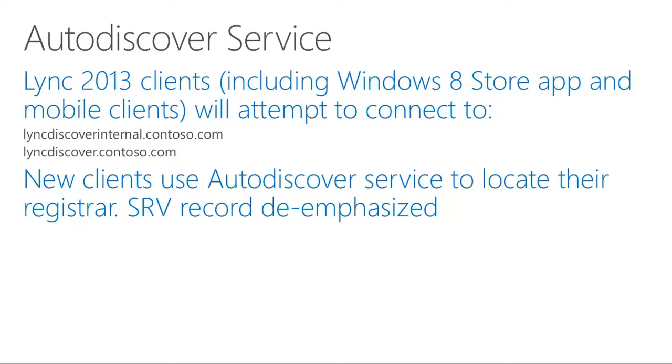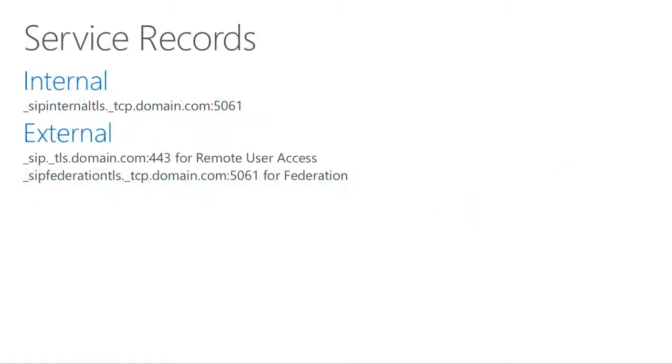So I've got there at the end that the SRV record is de-emphasized. So I'm going to touch on that a bit here as well, because it is still relevant in a Lync deployment, and it's good that you sort of understand where this fits in. And service records can be tough in an internet-facing zone sometimes. Some folks don't have access to set up service records within their external zone, so one to look out for there.